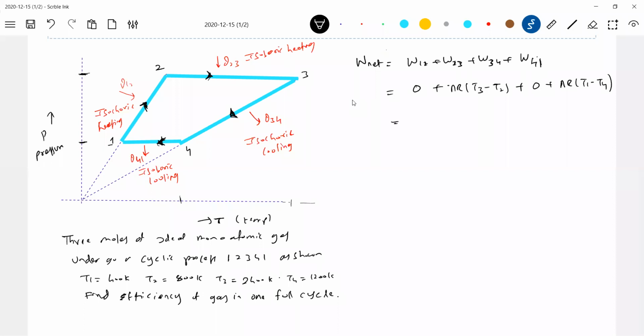Here you see there's not much information needed. 3 moles are there, 3R into T3, T3 is 2400 minus T2 800. 3R into T1, final minus initial, no? And T4 is how much? 1200.